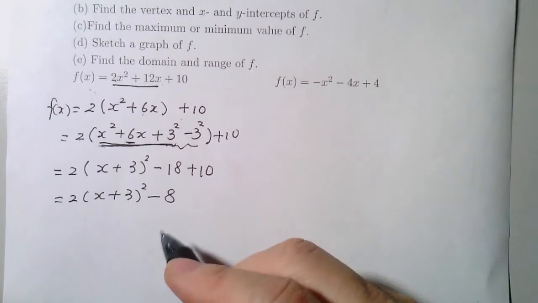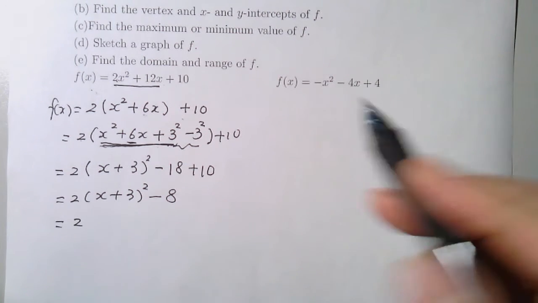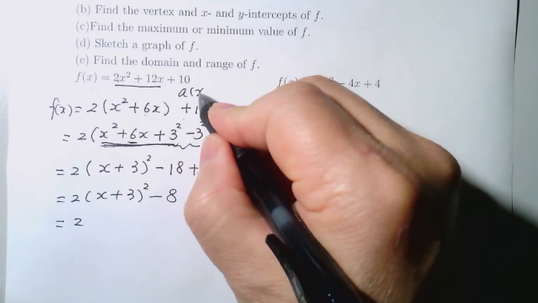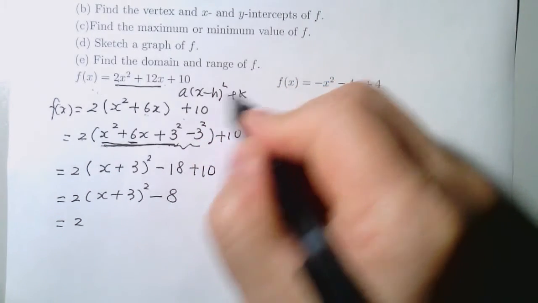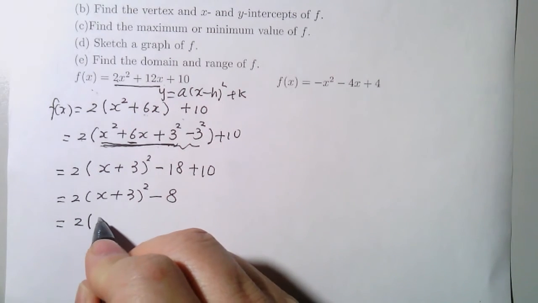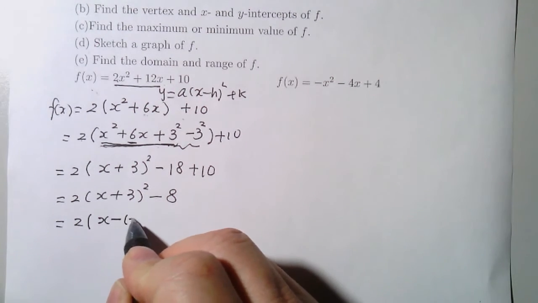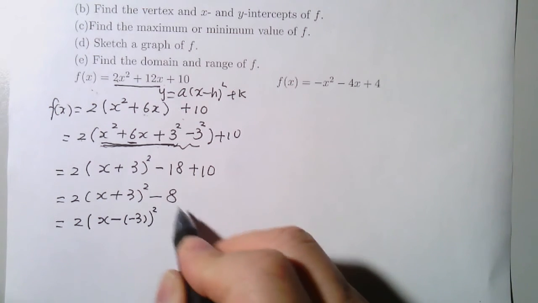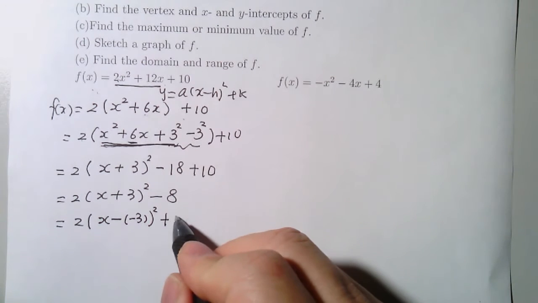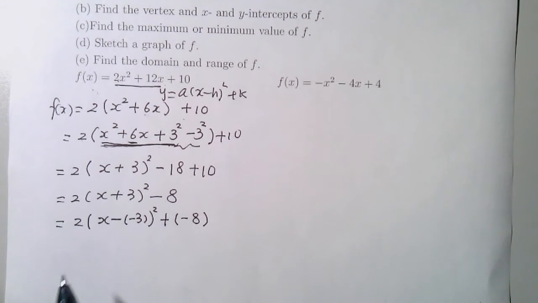So now we got the standard form. If we want to rewrite this and compare with a(x minus h) squared plus k, we can rewrite this as x minus h, where h is going to be negative 3, plus k. Since k is negative here, it's plus negative 8. Now that's in the standard form.